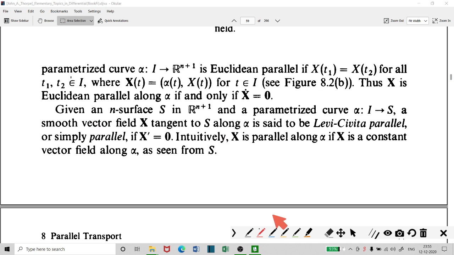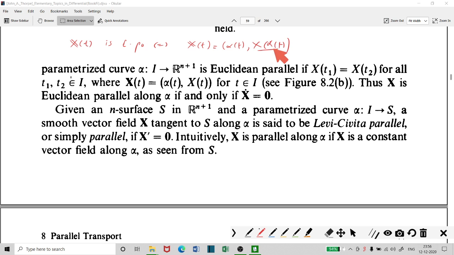A vector field x of t along alpha is Euclidean parallel if and only if x of t assigns parallel vectors at every point. So x of t is equal to alpha of t comma x of alpha of t.